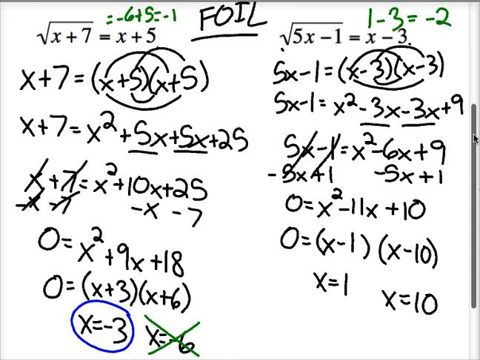If I plug in 1, I would have a radical equaling a negative number. And remember, that is not acceptable. You can't have a radical equaling a negative number. So that 1 actually does not work in the original equation. So you have to ignore that expression, you cross it off, and then the only one that truly works is that x that equals 10.